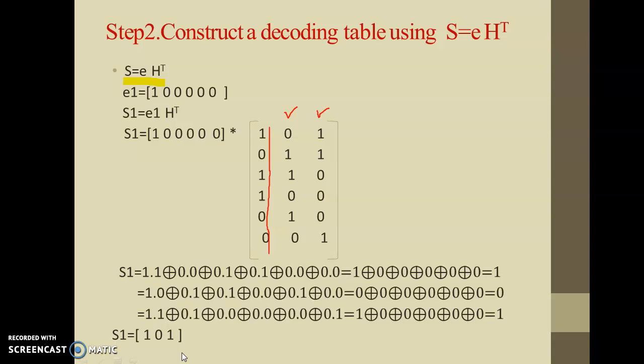We find the syndrome vector just like the procedure followed for C = D × G. You multiply E1 by the columns of H transpose, using modulo 2 addition and modulo 2 multiplication. Likewise you get S1 = 101.